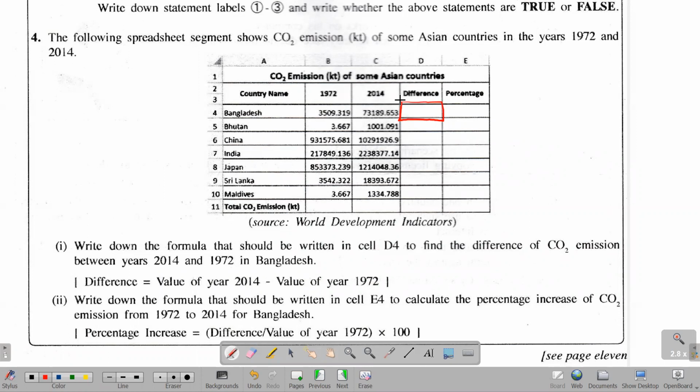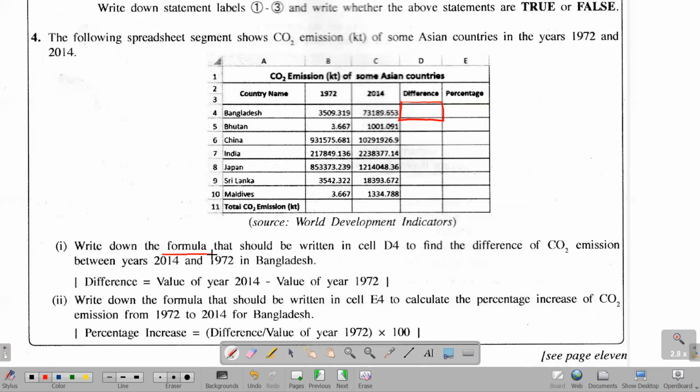Of Bangladesh, right? So they're asking you to write a formula. In formula, in the sense, you can go with the function or with the particular equation.